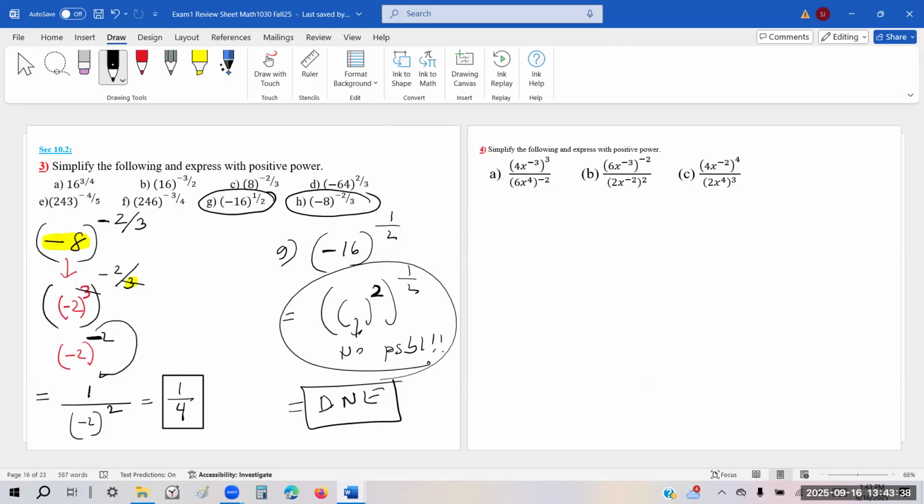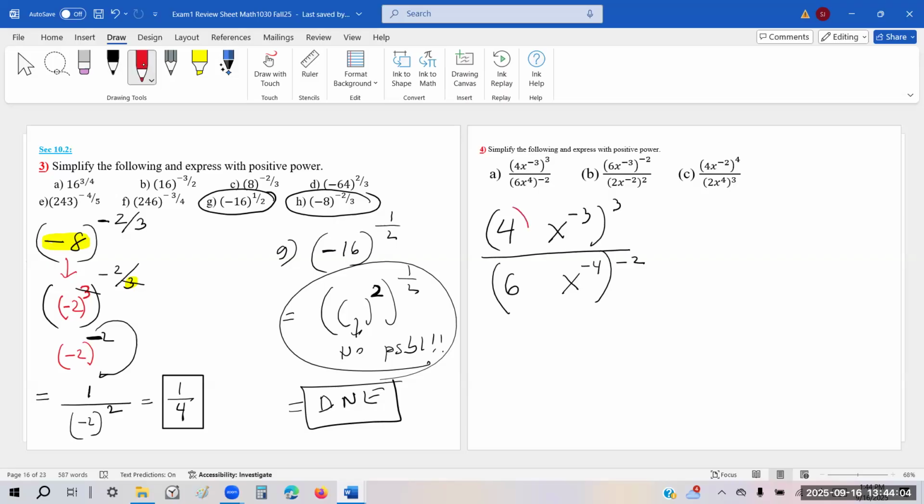First one? Okay. We have 4x to the -3 whole thing to the power +3, and we are dividing by 6x to the -4 whole thing to the power -2. So now the numerator and denominator have individual powers. What is our first step?